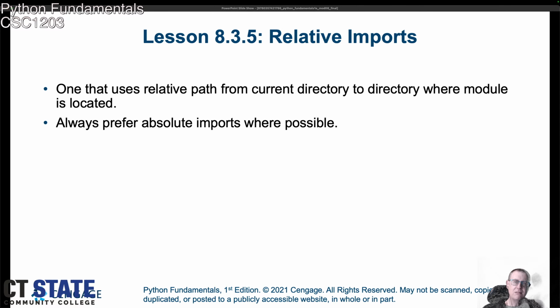You can use relative imports, which gives a directory path from the current directory to the directory where the module is located. However, that can be problematic if the directory structure changes and the directories move around level-wise or naming-wise.